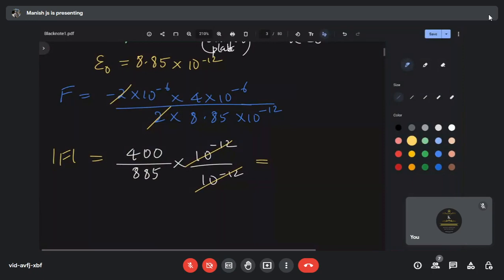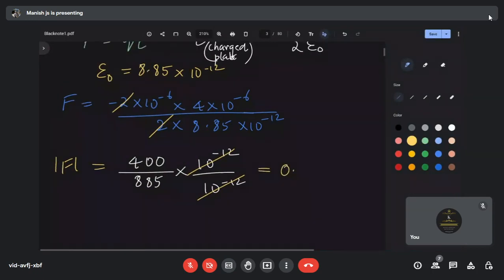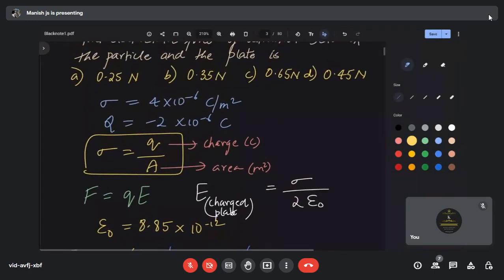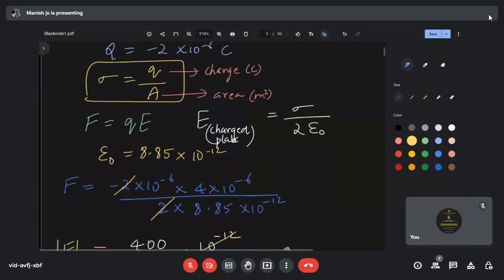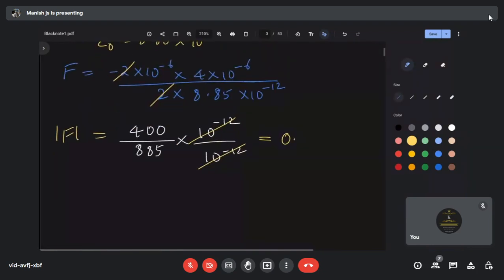It will come as 0 point something. Tell me the decimal value. 400 upon 885. You should be quick with calculations.